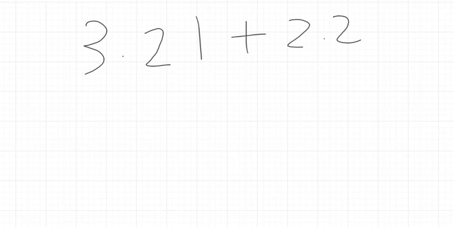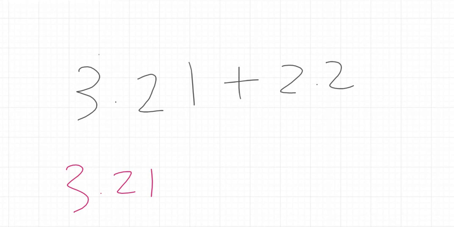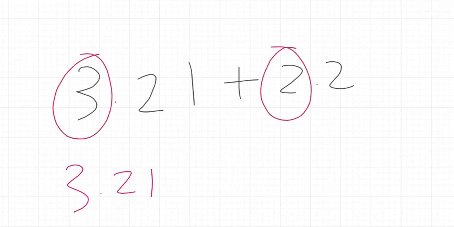If I were to add these numbers, what I would do is group them in their respective place value order. So let us write 3.21, and then the next one, 2.2. Now if you look carefully, this digit is in the ones place, and this digit is also in the ones place.